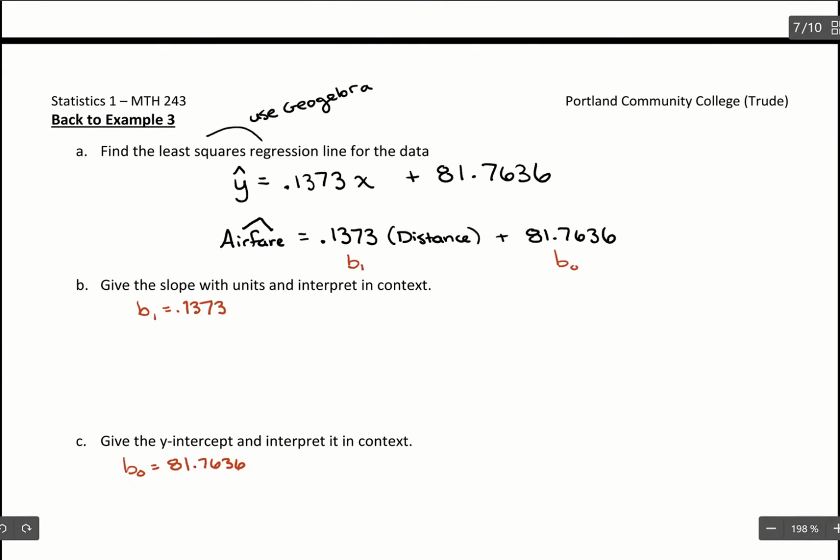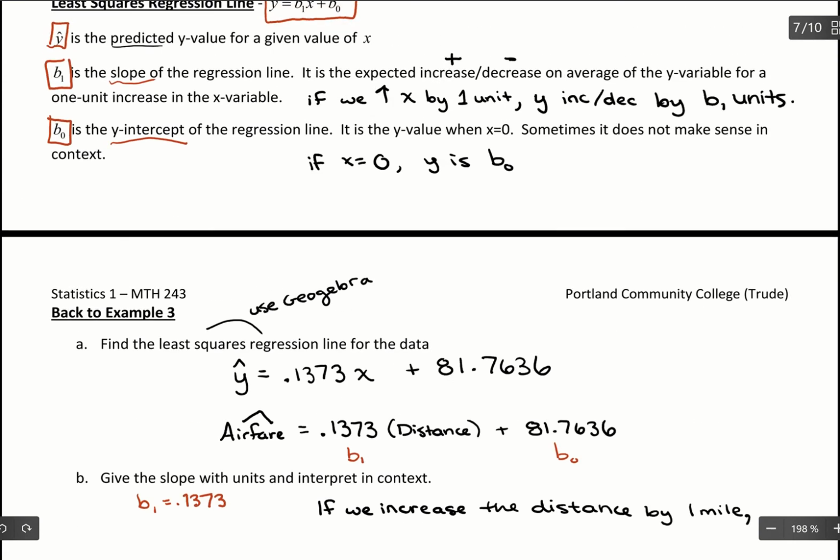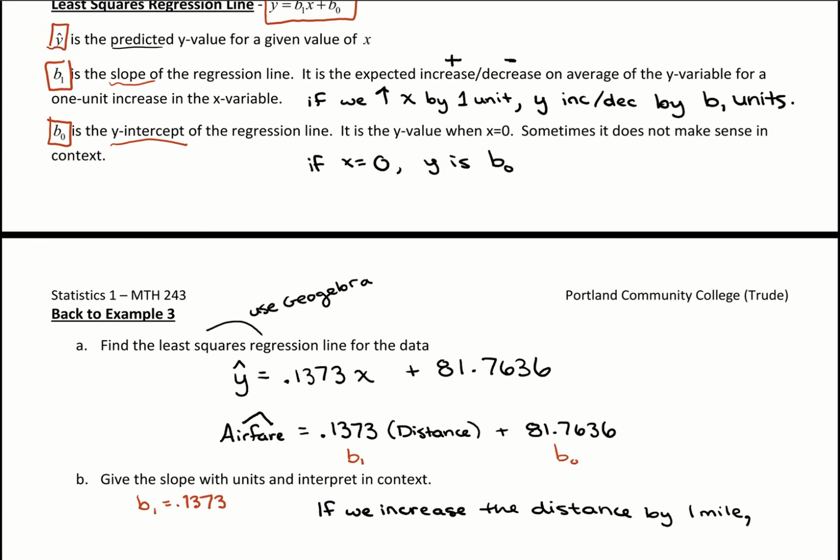So x in this case is distance. So it's going to be if we increase the distance by 1 mile. And it's always increased by 1, because we're talking about what if we move along the x-axis to the right-hand side and just by 1 unit. So if we increase the distance by 1 mile, then what we can say is y increases or decreases by slope units.